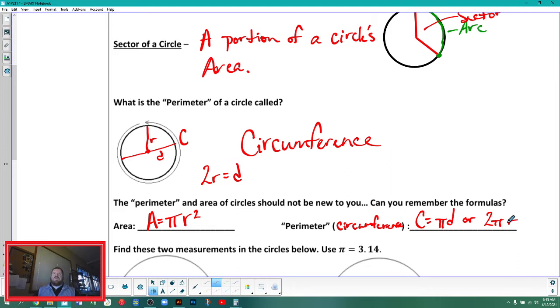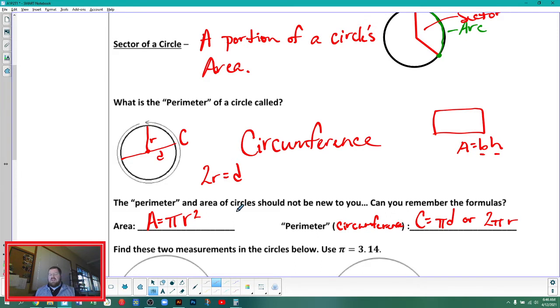Area has always been a squared value for us, a unit squared value. That's always come because, in any kind of parallelogram or rectangle, the area is the base times the height. So you have one unit measurement and a second unit measurement. In area, we have the radius counted twice. That's why our answer will be squared.